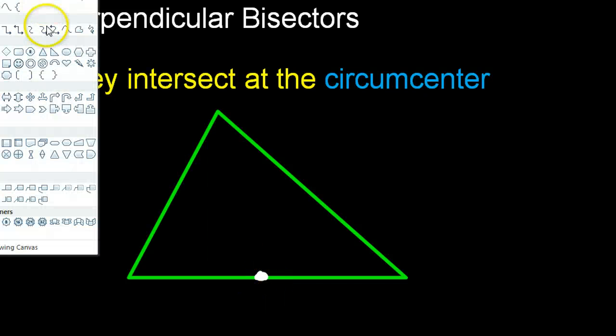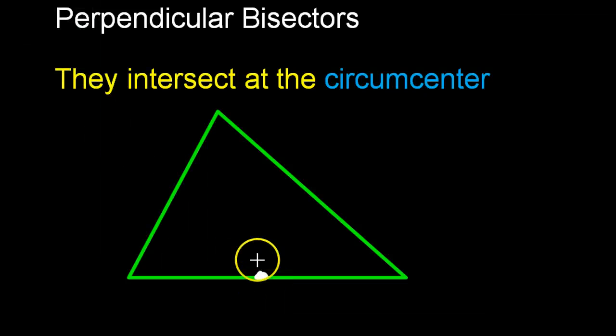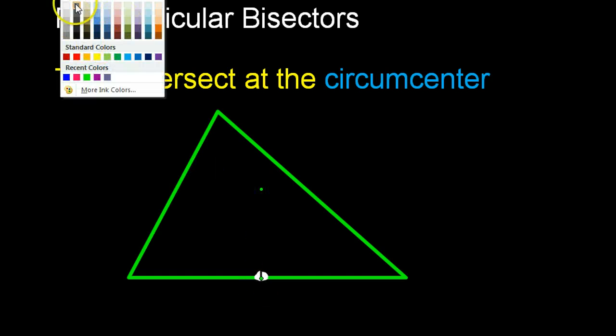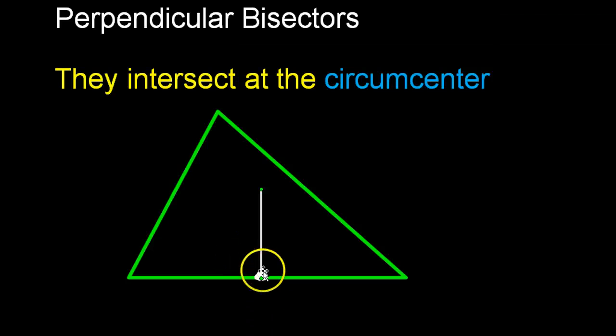So now if I go ahead and draw myself a bisector here, but I'm going to make it perpendicular. Okay, so it's right in the middle, so it should be a bisector, and I'm trying my very best to make it perpendicular. Okay, so this is a perpendicular bisector.